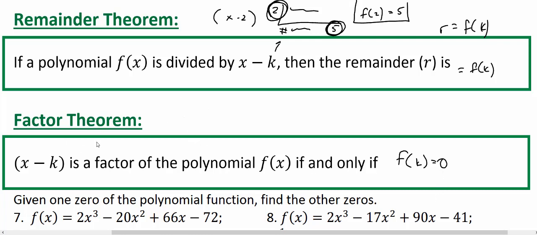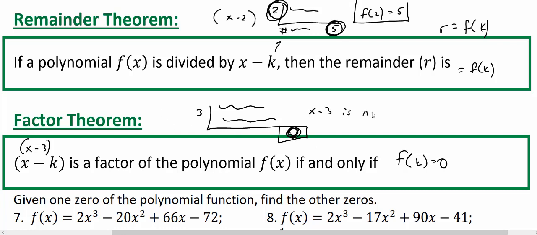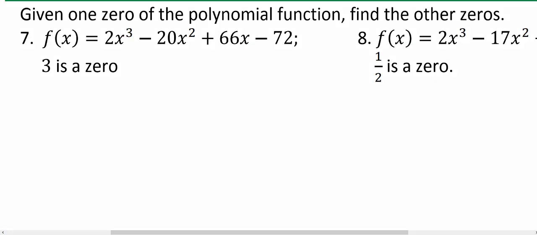That means that if this says x minus 3, I put the 3 outside the synthetic division, I get my numbers, and then over here is a 0, that means that it's a factor, it goes into it evenly, it goes into it nicely, okay, that would be x minus 3. So x minus 3 is a factor if that's a 0, okay? And again, x minus k, not necessarily x minus 3, but that's what happens there. Okay, this is where it's going to get a little tricky.